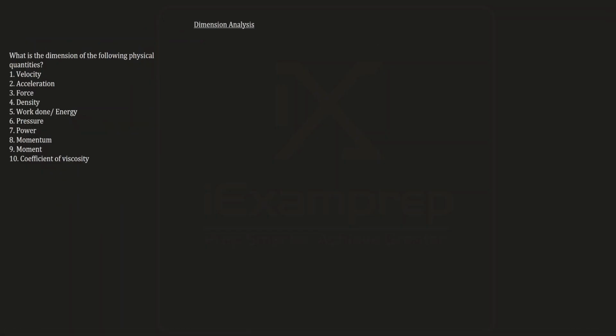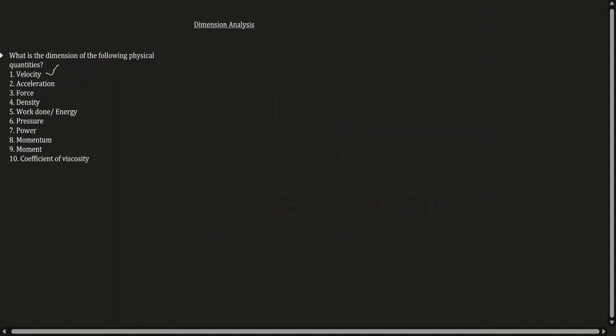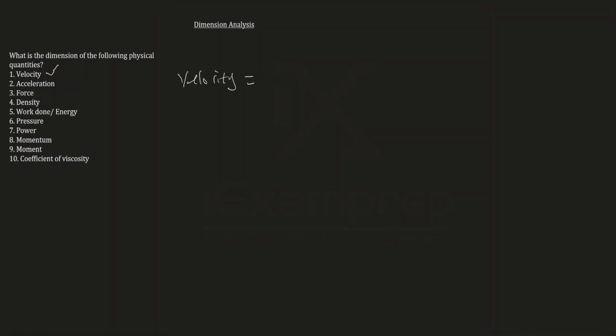Now, for you to write dimension of any quantity, you must know the formula connecting that quantity with its basic fundamental quantity. For instance, let's take velocity as the first one. Dimension for velocity can only be written if we know the formula for velocity. The formula for velocity is displacement over time.